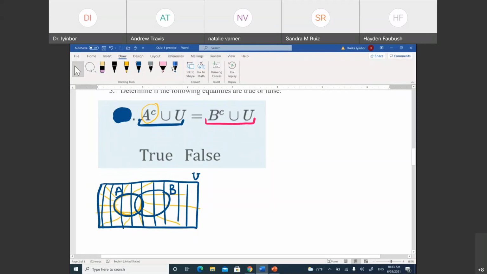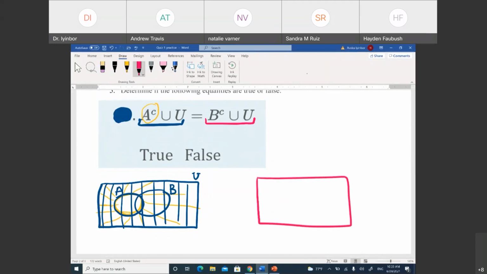Then you're going to do the same with the red side of this equality. So you have again the universal set, we have set A, we have set B. And you're going to start shading.